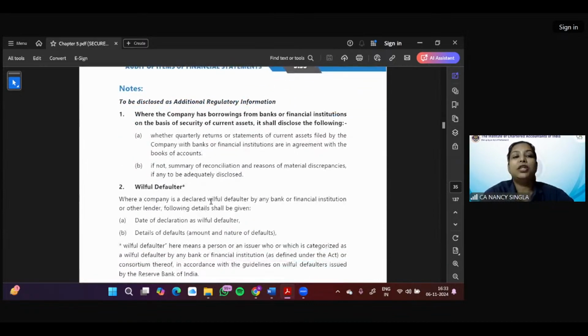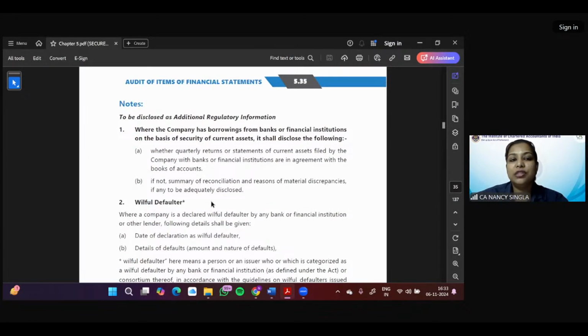So with respect to the borrowings, what is the additional regulatory information to be shown by the client itself or the management, and what is our responsibility? As I always say, whether the management has appropriately shown such disclosure requirements. So we are talking about borrowings, right? Where the company has borrowings from banks or financial institutions, students, we are on page number 5.35 of your module.